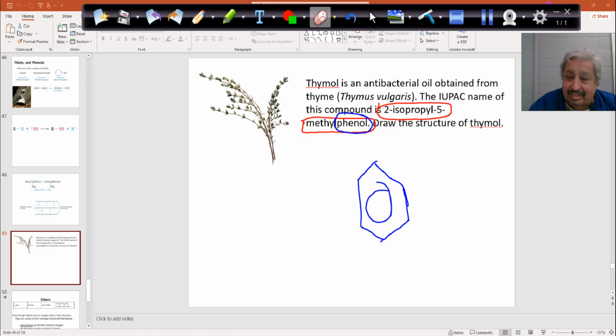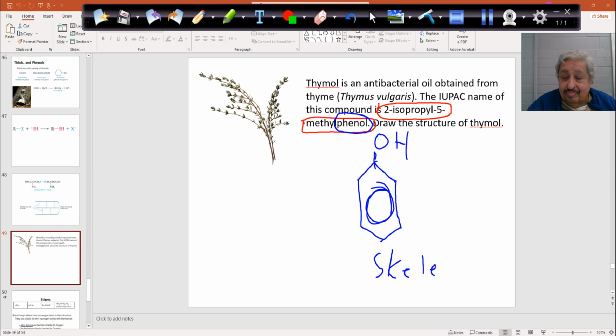I'm trying to make it so it looks nice. This means what? Delocalization of the three double bonds. You cannot localize them, so they are moving around the ring, correct? So this is our skeleton or backbone, or core.